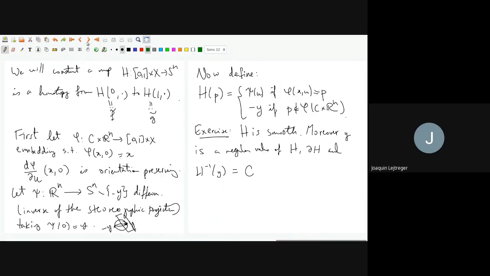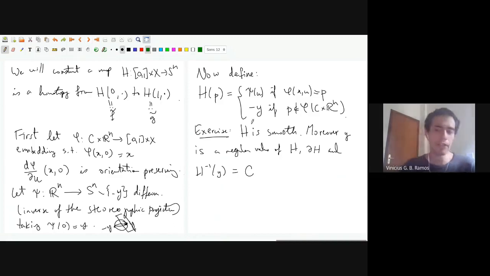Then you have to check the smoothness condition, and it comes just from the stereographic projection.